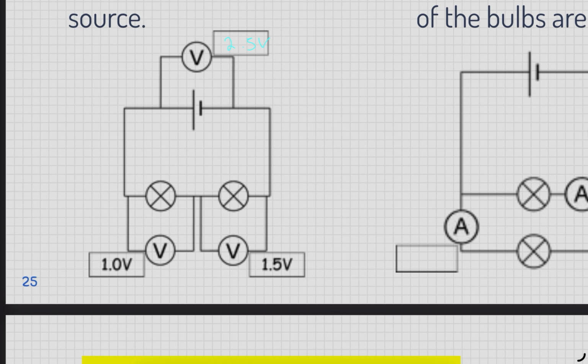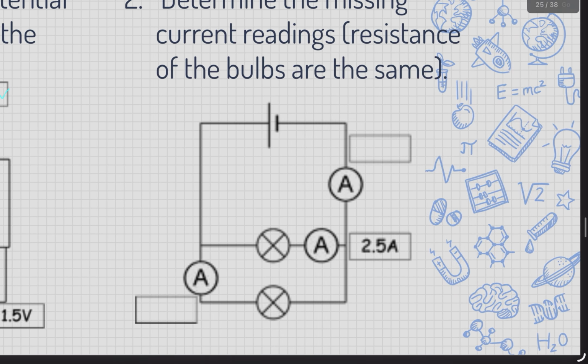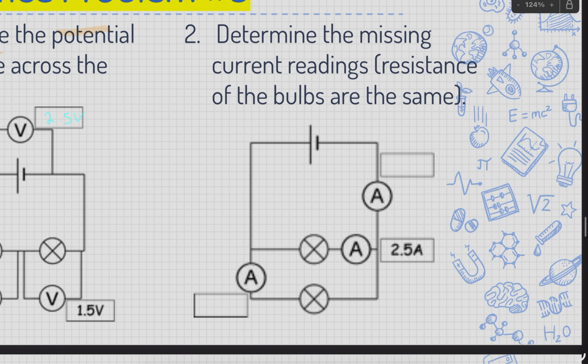Now, moving on to the next one, with the same GRASP strategy: what we know, what we are trying to solve, and how we solve it. We know almost nothing here. The only thing we know is that this is 2.5 amperes. We don't have any voltage. The first thing we can understand is that the total current can be found by adding the current of the first one and the current of the second one.